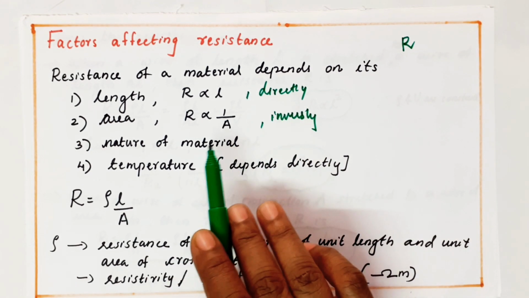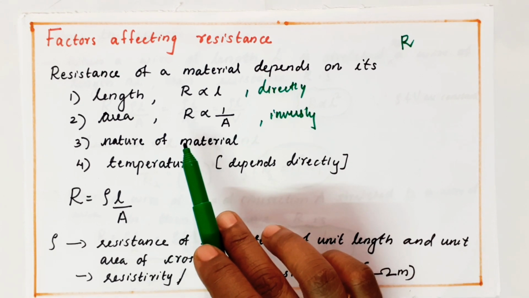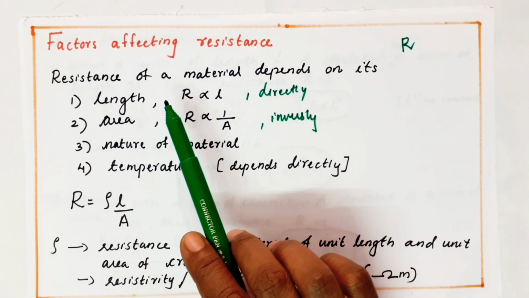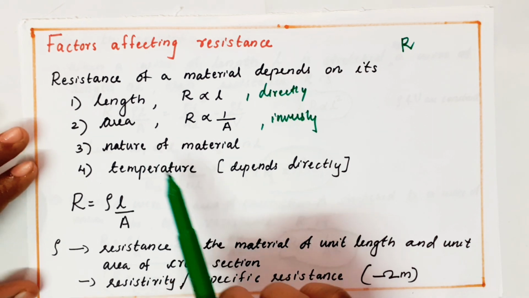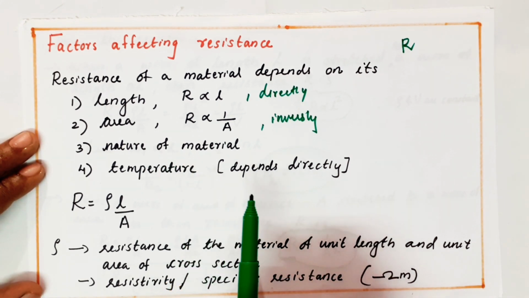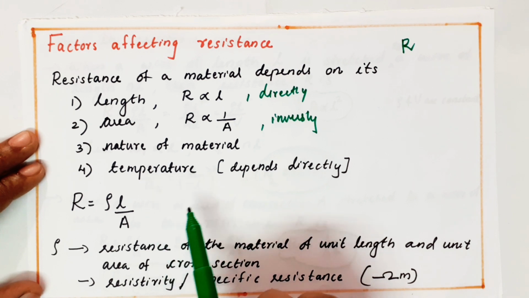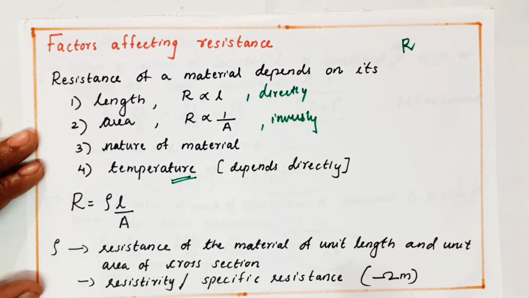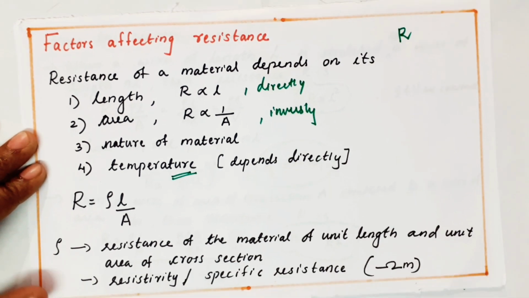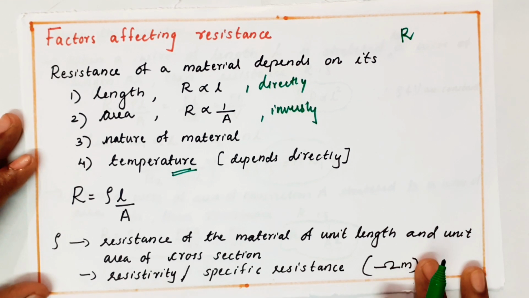As area increases, resistance decreases. So resistance is directly proportional to length, resistance is inversely proportional to area. And also resistance depends on the nature of the material. Also, resistance depends on temperature. As temperature increases, resistance also increases for conductors.